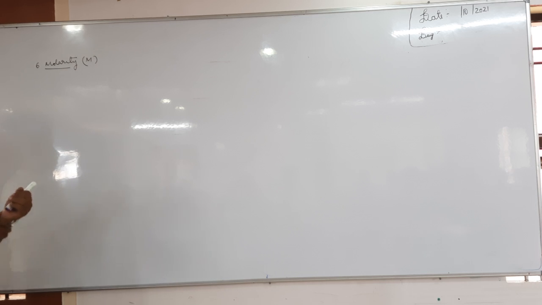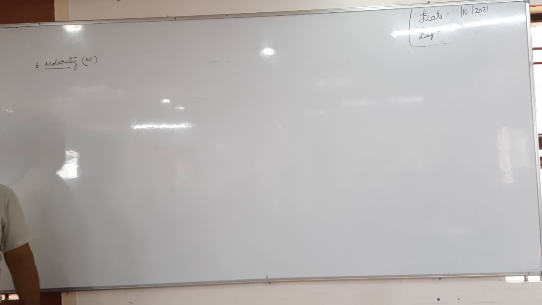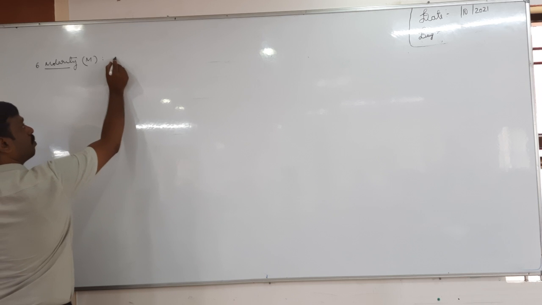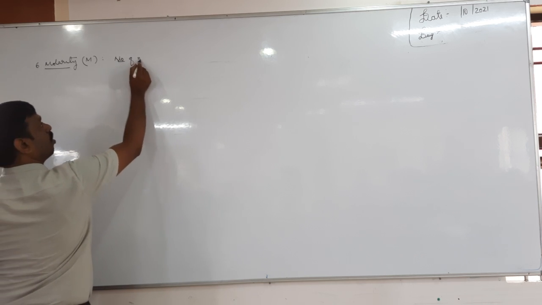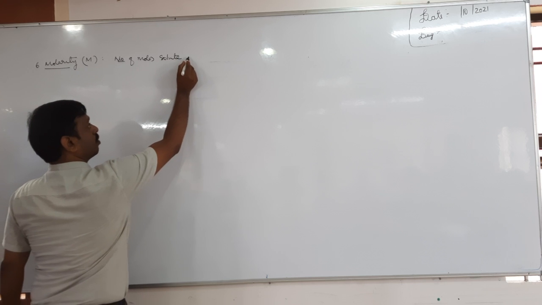Alright, listen. First, what is molarity, its unit, and different formulas related to molarity. Molarity is the number of moles of solute present in 1 liter of solution, or 1 decimeter cube of solution.